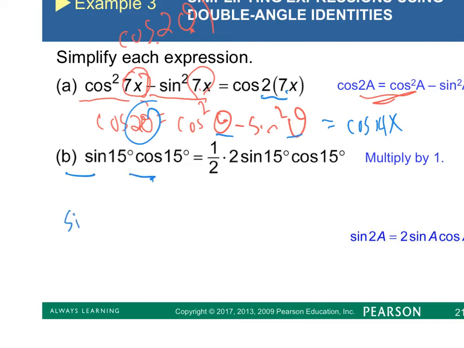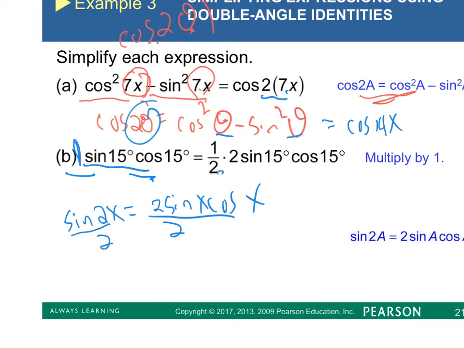Now this is sine, cosine. Remember what sine of 2x is? It's 2 sine x cosine x. But he only has a 1 here. So he divided this by a 2.